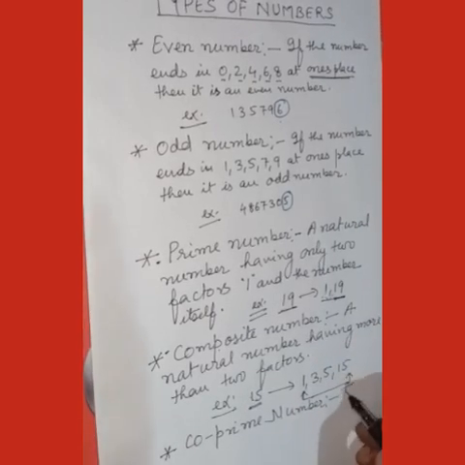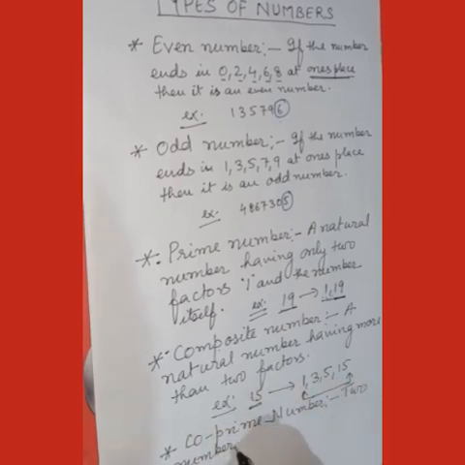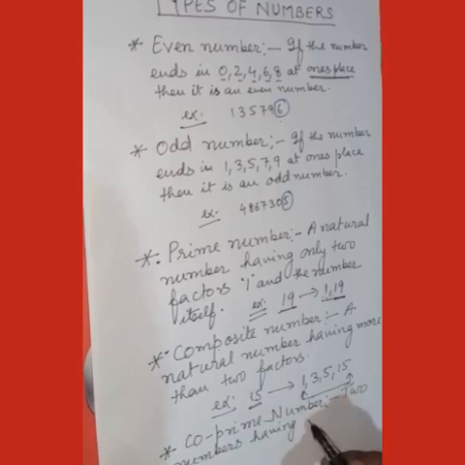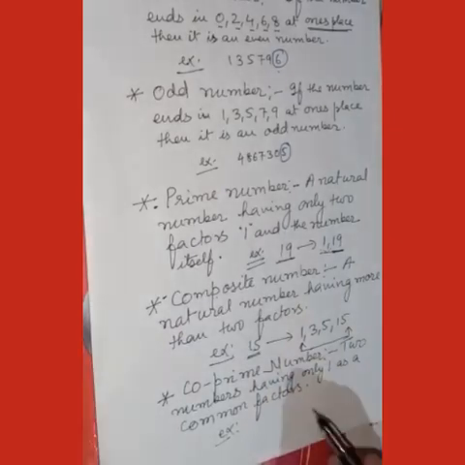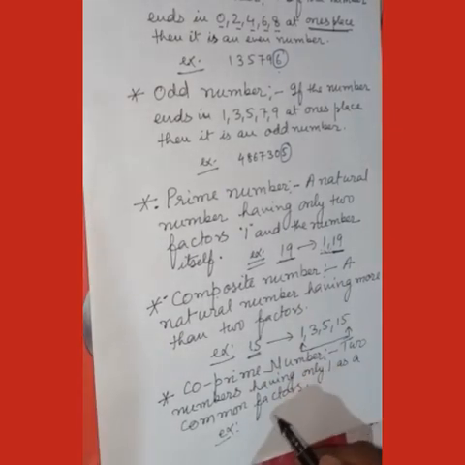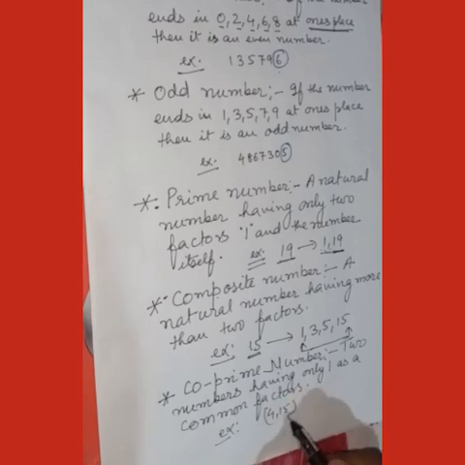Okay, so we can say 2 numbers having only 1 as a common factor. Now see here example. I am taking 4 and 15 as co-prime.